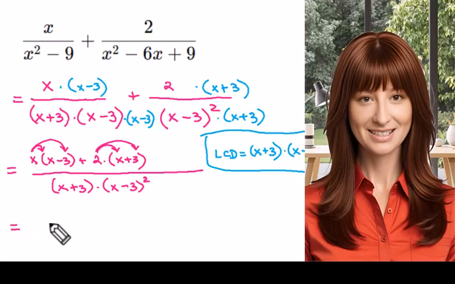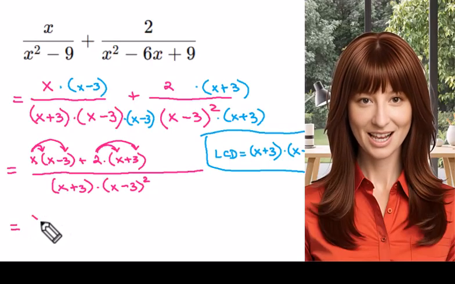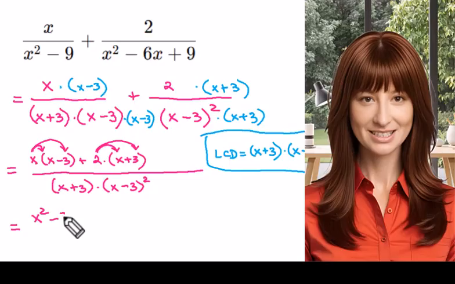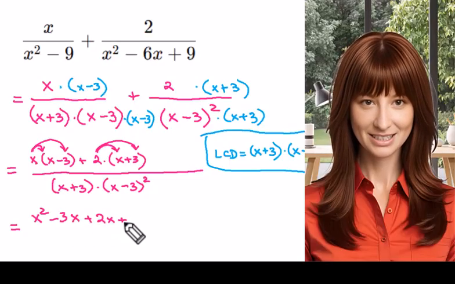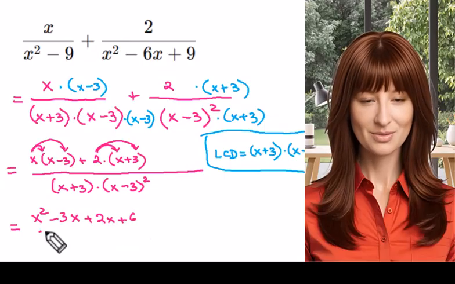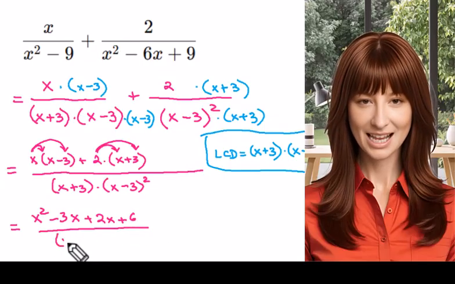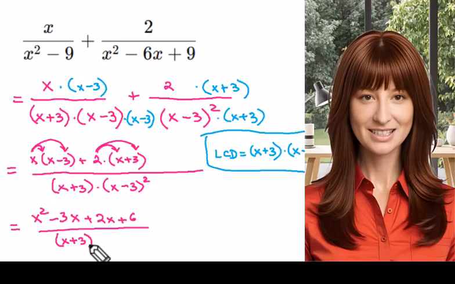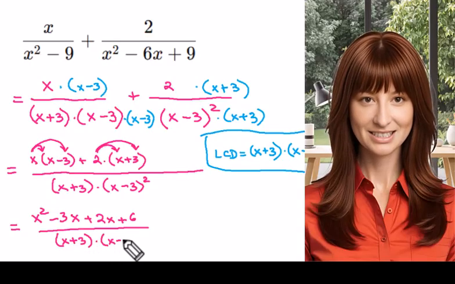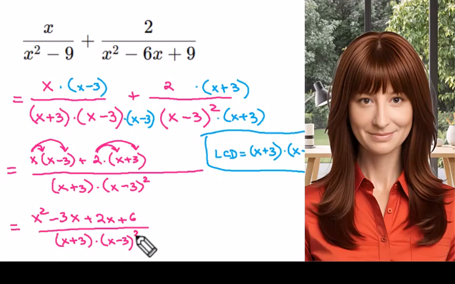And then we're going to combine the like terms. So what do we have? We have x squared minus 3x plus 2x plus 6 over x plus 3 times x minus 3 squared.